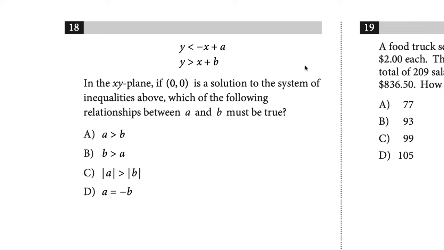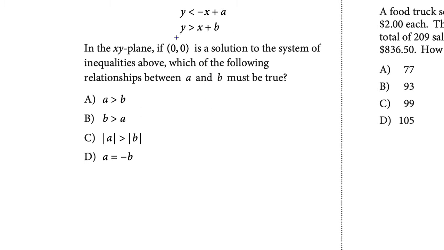All right, so number 18 was kind of difficult because you had to find a system of equations that held true. So to do this problem, we basically need to say, well, if y is always less than -x plus a, I need a, what's the easiest way to do this one? Which of these must be true? My first inclination is to try to graph these. If y is always greater than x plus b and negative, yeah. So if I'm thinking in my head, we haven't actually graphed these yet. We kind of skipped over this in Algebra 1 because we just ran out of time, I guess.